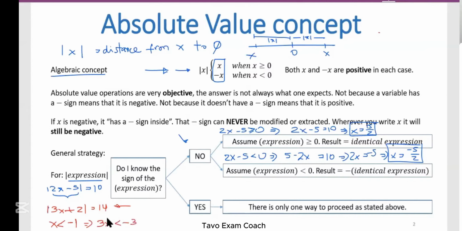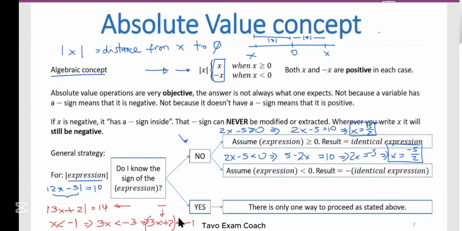And then 3x plus 2 would be less than negative 1. Okay? So, if we know that this expression is less than negative 1, it means that its sign is always negative.